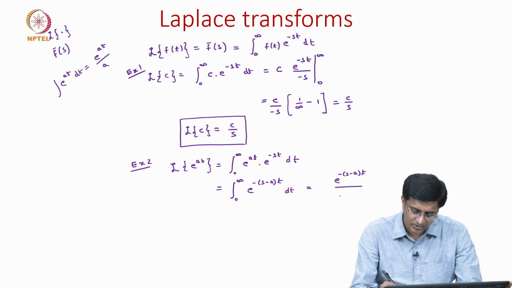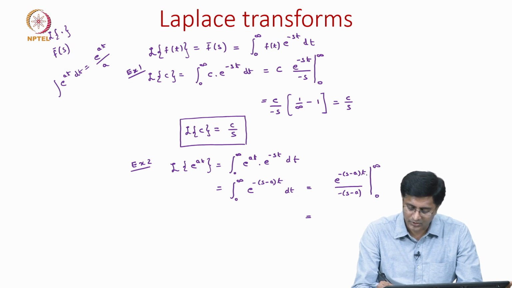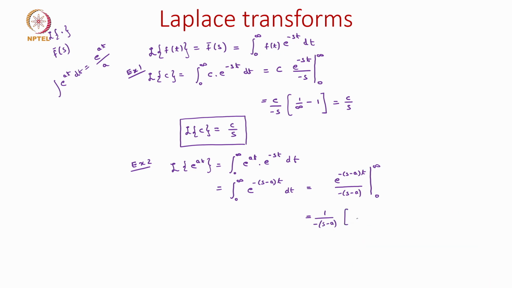The constant now is minus of s minus a, and the limits are from 0 to infinity. So, when we substitute t with infinity, first let us take out the constant, which is 1 by s minus a with a negative sign, and then what is left out is when we substitute this infinity for time, we get 1 by infinity minus e power 0, which is 1. 1 by infinity is 0, so this will end up as 1 by s minus a.